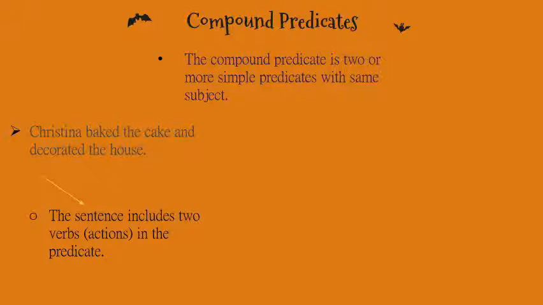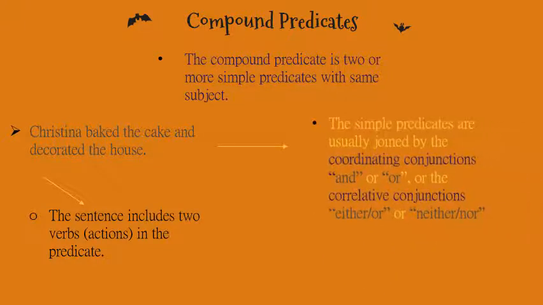We have to join them together with a conjunction so they make a compound predicate. So the simple predicates are usually joined by the coordinating conjunction and, or the correlative conjunctions either, or, neither, nor to make a compound predicate.